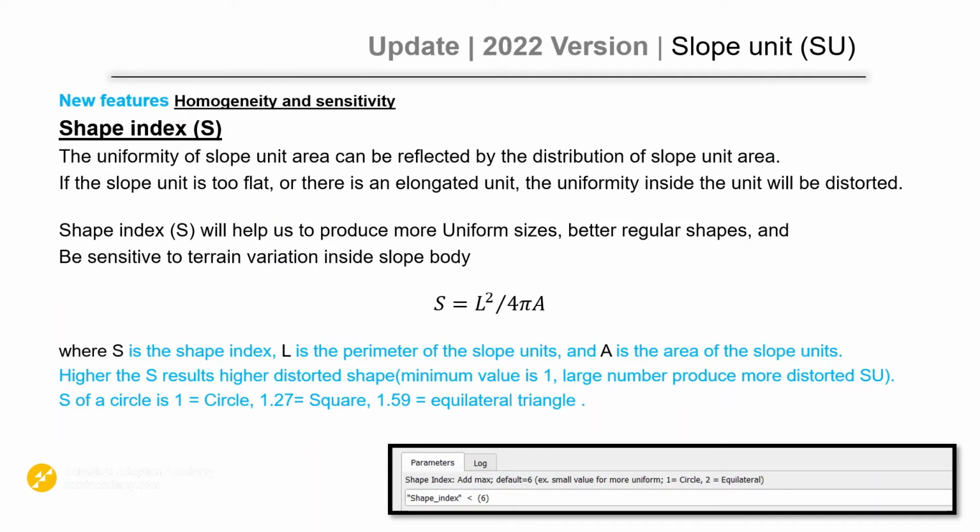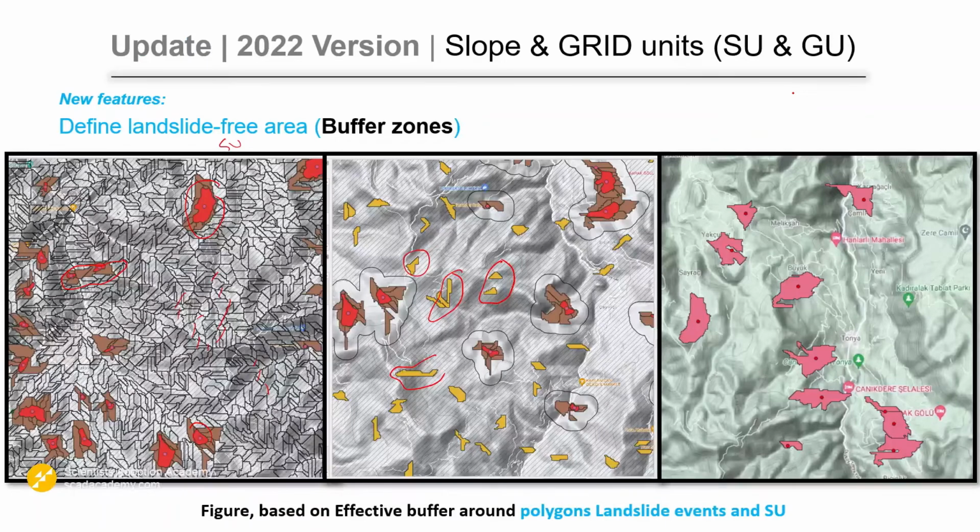Another update for this version, as we mentioned before, is the homogeneity and sensitivity, to ensure that in the outputs we will not have something like this. Let's go back to this.